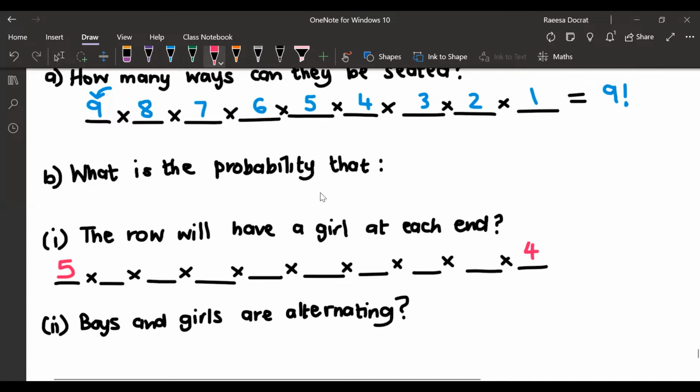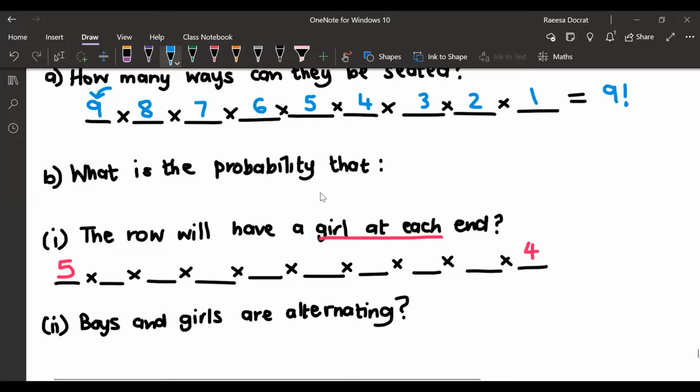So once we've placed 1 at the beginning and 1 at the end, then we have a girl at each end. There are 5 girls. If we place the first one, for the end, we have 4 ways of placing the remainder. The remaining 7 people, it does not matter the order that we are placing them.